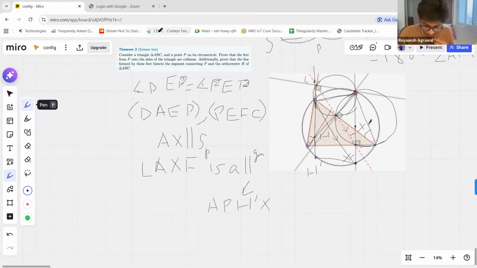Now, can you show that LHPF is also a parallelogram? This would directly imply that PH is bisected by the Simpson line. So can you show LHPF is a parallelogram?